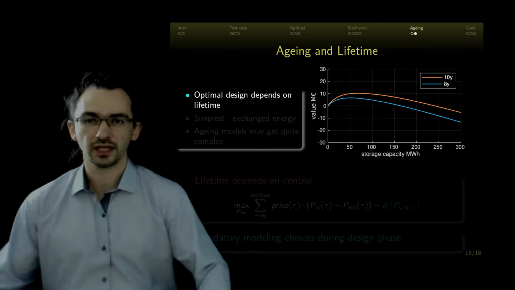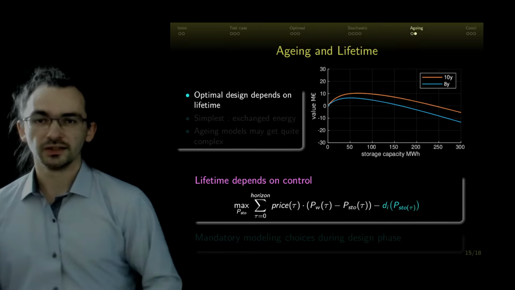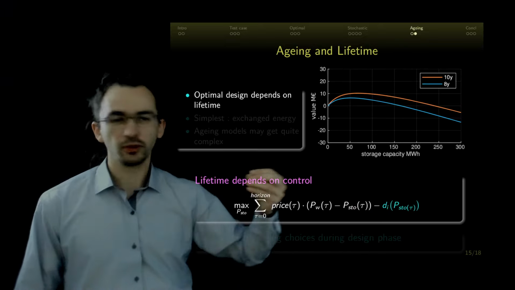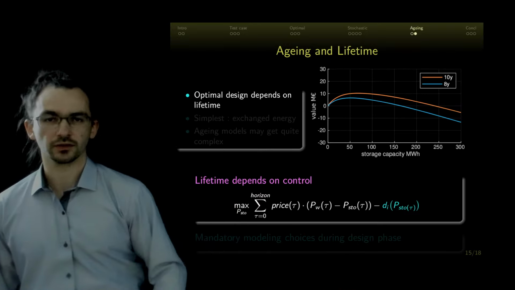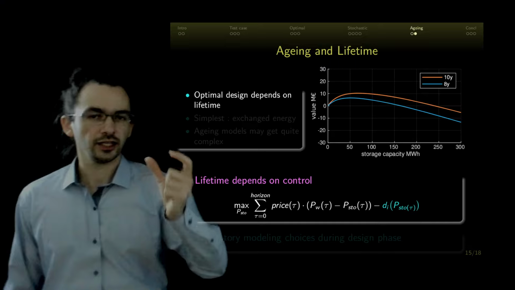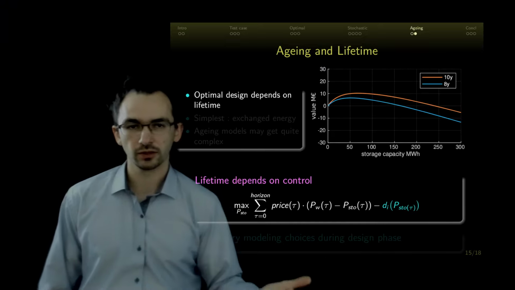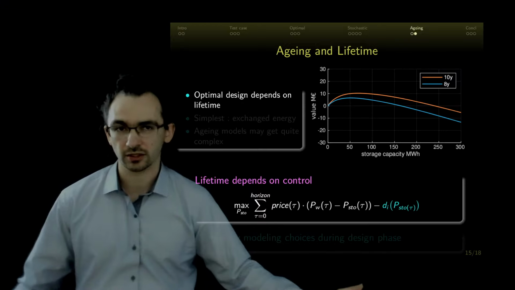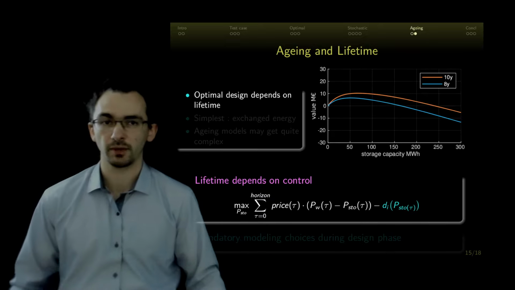And so if I want to take that into account, I should modify my co-optimization problem, saying that there is a new term, which is how much damage I will do to my battery with each and every decision. Each time I exchange some power, I will create a very small damage to the battery, and in the end, when I add all of this damage, it will give us the state of health of our batteries.